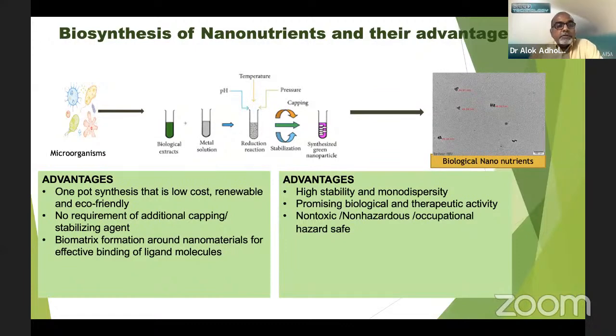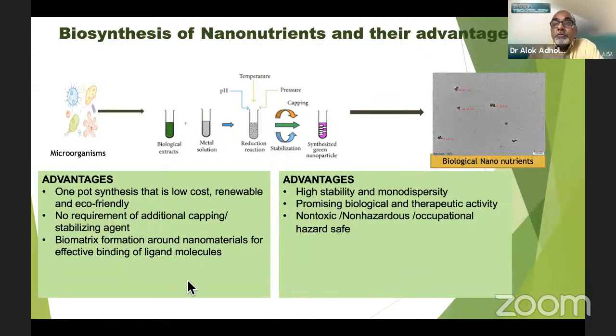The other advantages, of course, include high stability and monodispersity, because that's another very important aspect in the nanoscience area, that you have to have a monodispersed material. If there is a heterogeneous material, then the functional behavior will be different. And therefore, if you have a monodispersed material which is delivering a particular function, then your material is definitely much more efficient.